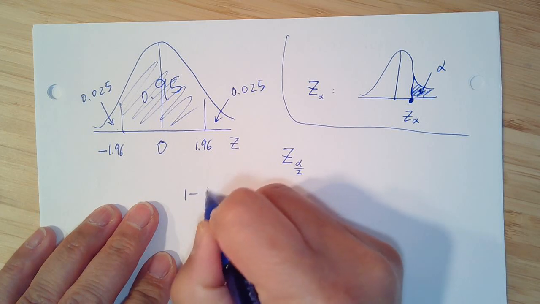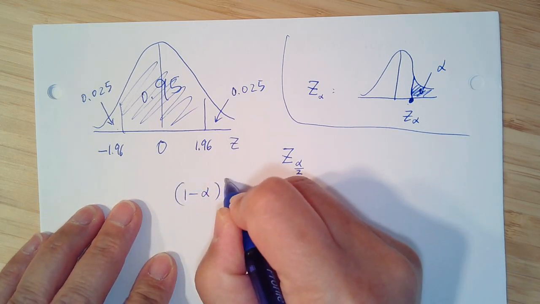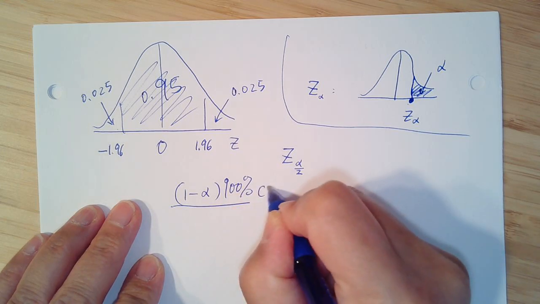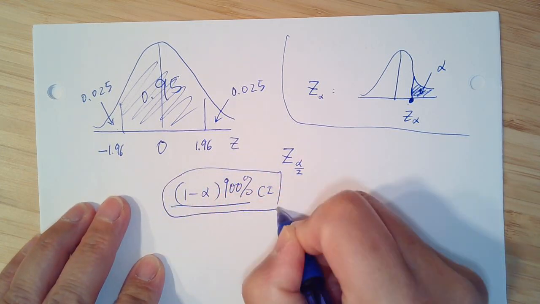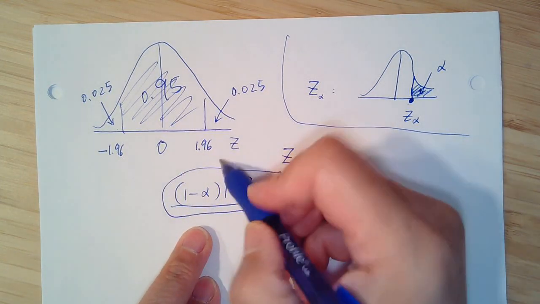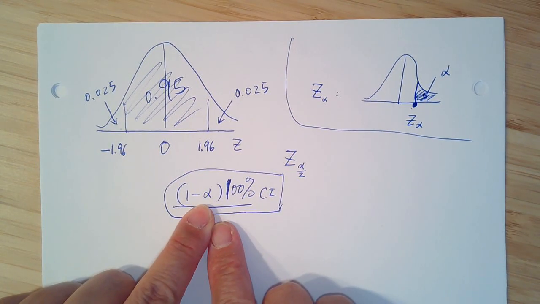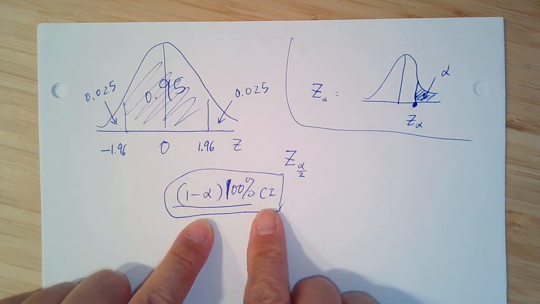And 1 minus alpha, you change that into a percentage, that's your confidence level. So for a 95% confidence interval, alpha is 0.05, so 1 minus alpha is 0.95.